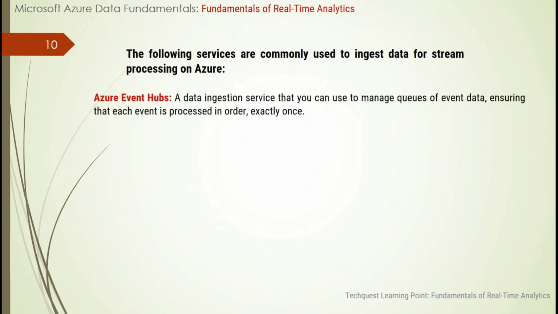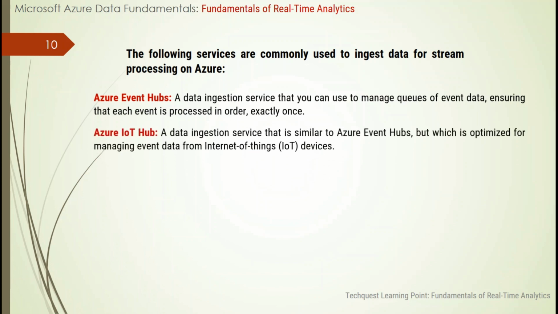Azure Event Hubs, a data ingestion service that you can use to manage queues of event data, ensuring that each event is processed in order, exactly once. Azure IoT Hub, a data ingestion service that is similar to Azure Event Hubs but which is optimized for managing event data from Internet of Things (IoT) devices.